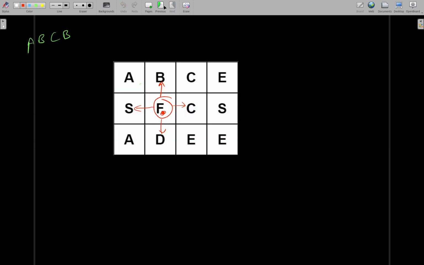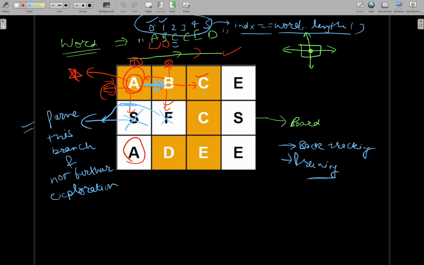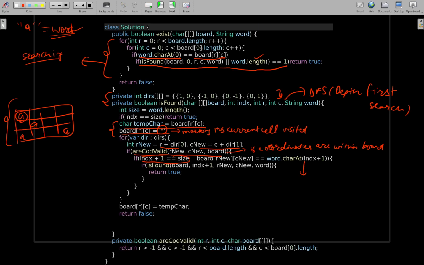So this is where the pruning part comes into the picture. This pruning is being done here. If this condition holds true, this is pruning: only visiting those branches which are potential branches that will contain our answer, or which will lead to the word being found.